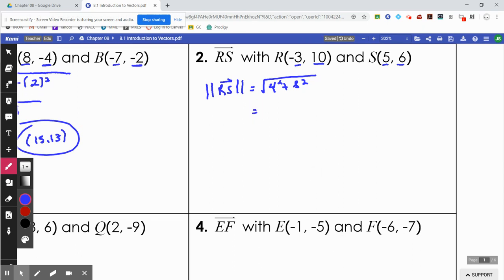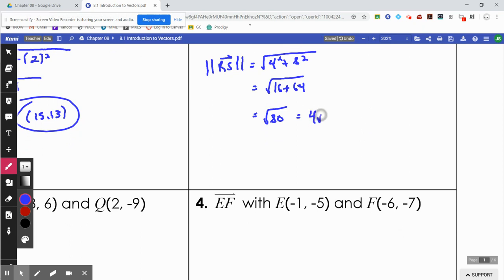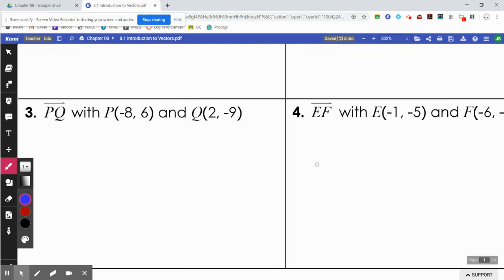Much easier. That's going to be the square root of 16 plus 64, which is equal to the square root of 80, which does simplify. We can break that into root 16 times root 5. So 4 root 5 would be fine as an answer, or you can write it as a decimal, approximately 8.94. So either one of those answers is fine.